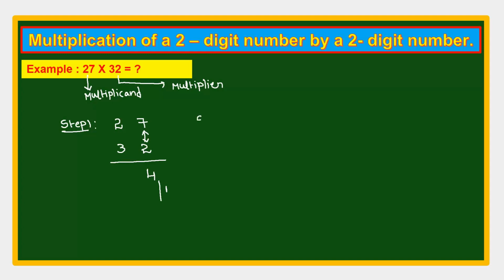And next, step 2. 27, 32. Already we multiplied these two, we got the answer 14, so carry forward 1 here. Now in step 2 we have to do cross multiplication, that is, multiply 2 by 2 and multiply 3 by 7. 2 into 2 is 4, and 3 into 7 is 21.